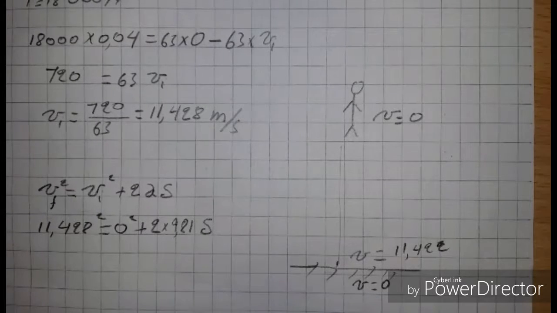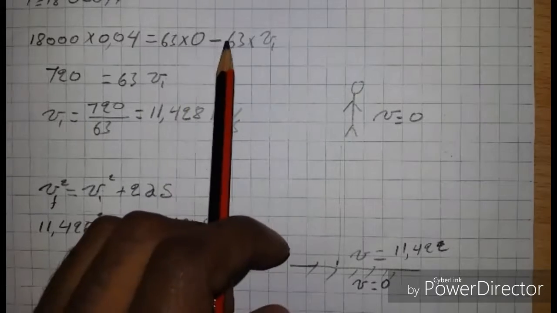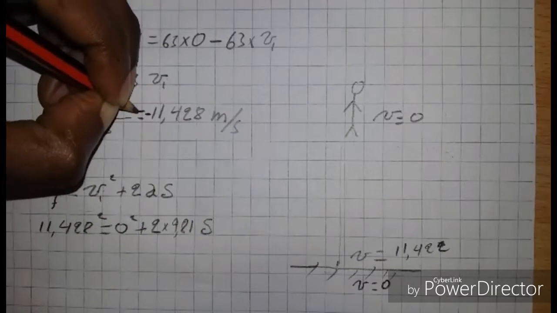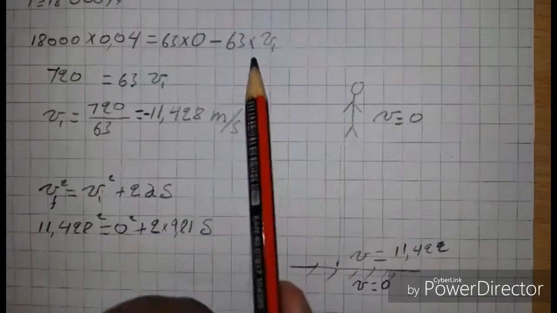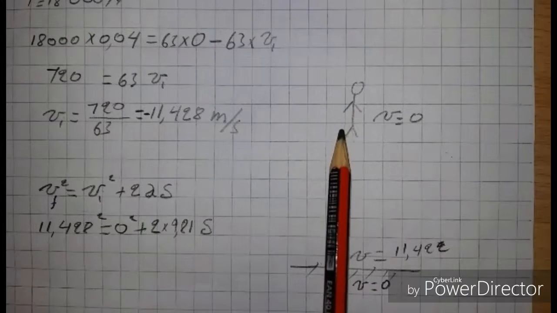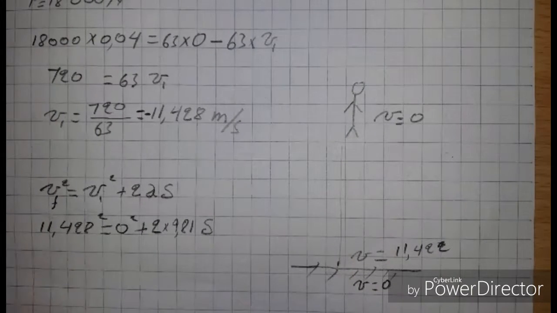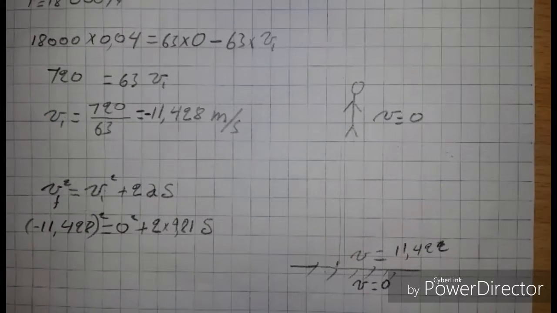And now, okay, right now here there's a minus sign, so here actually the velocity should be minus because it's going down, and we said upwards is positive, so down should be negative. But here when you're gonna square it, the minus will go away.